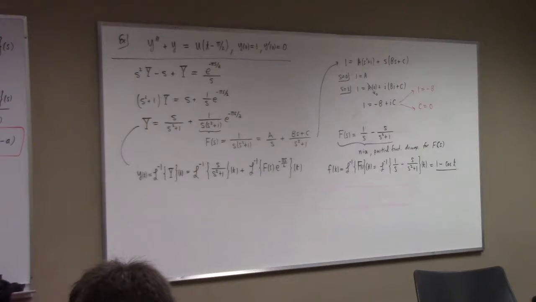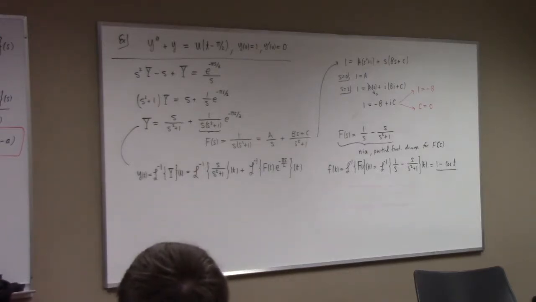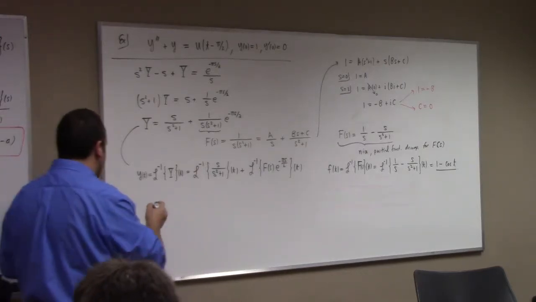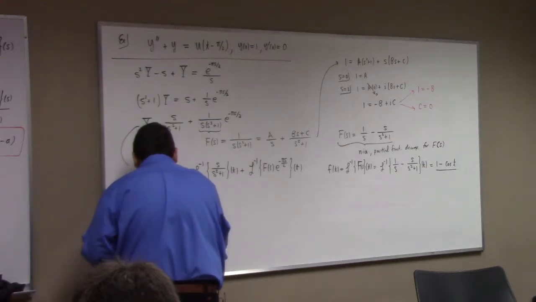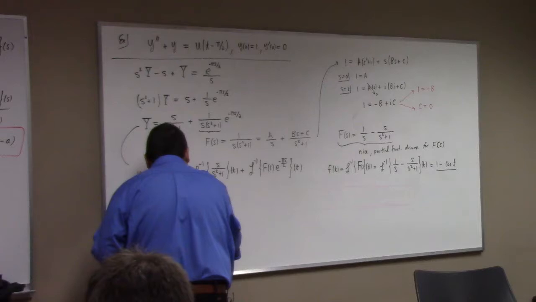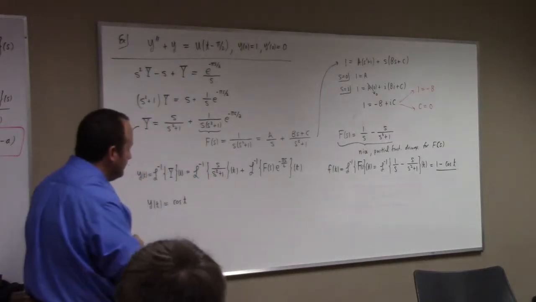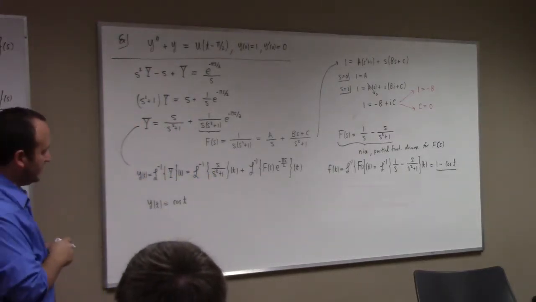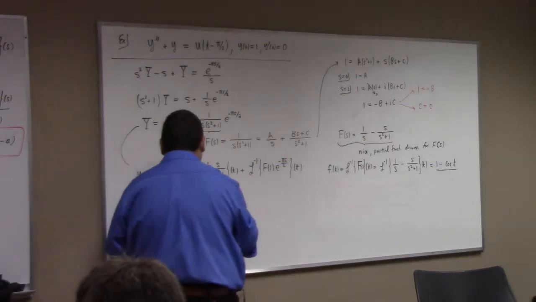So then I apply table 7.2 for the first term, and that just gives me just a plain old cosine t. And then the next one, I'll write down symbolically to start with.